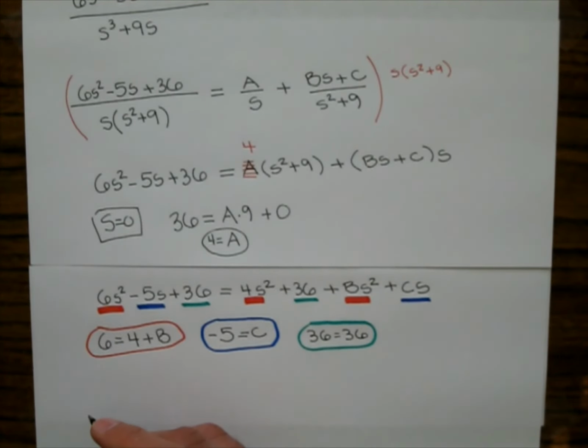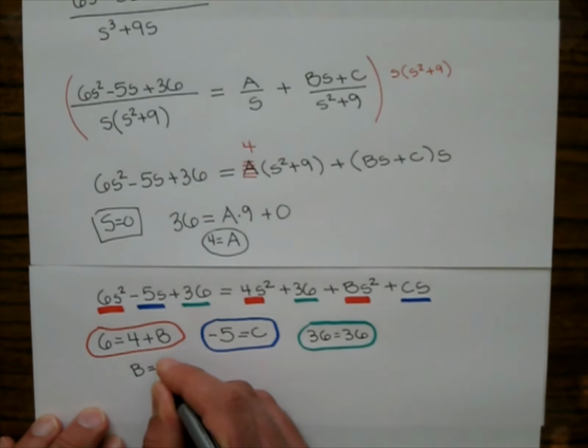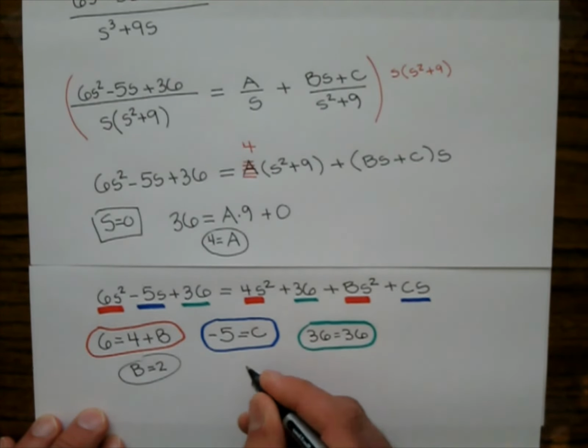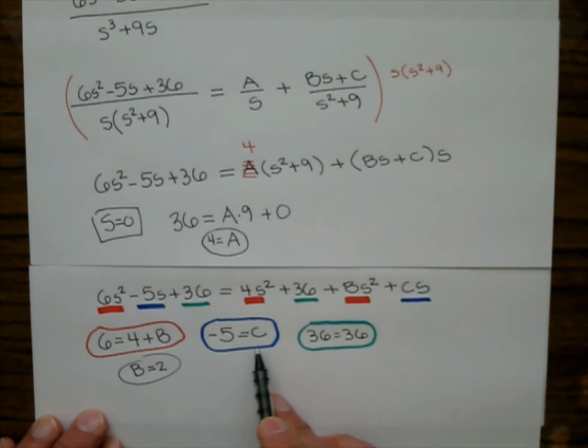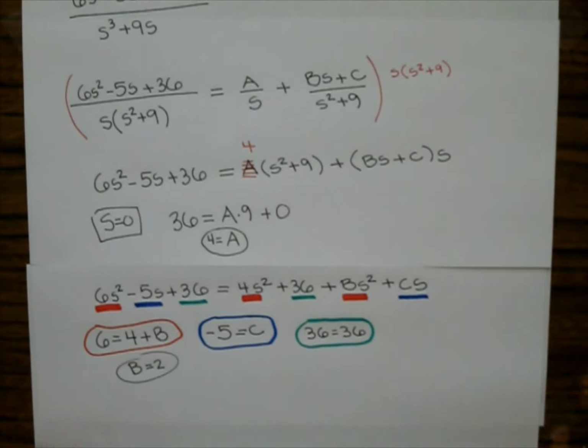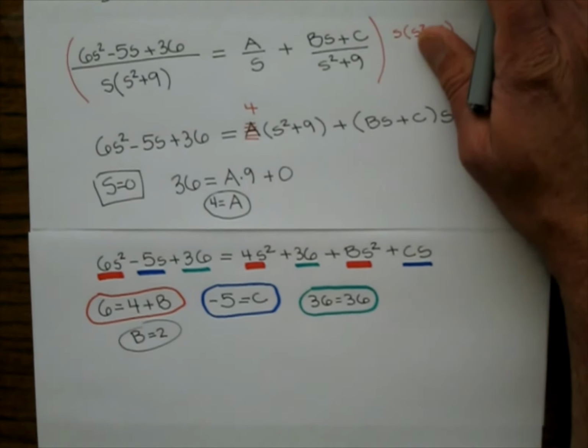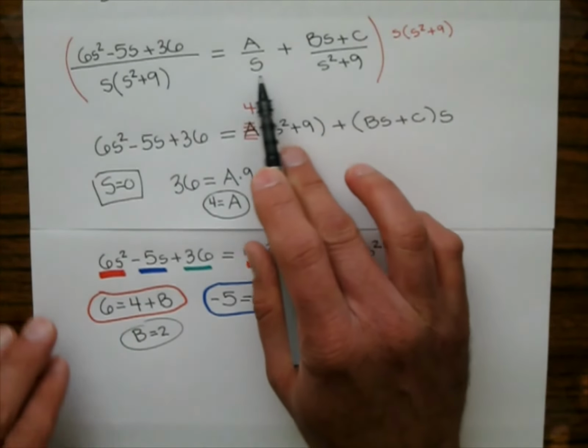Let's see if I have more scratch paper here. Okay, so I do have enough here. So I'm going to get b equals 2, and c is -5. So I know that a is 4, b is 2, c is -5. I can rewrite this right here.